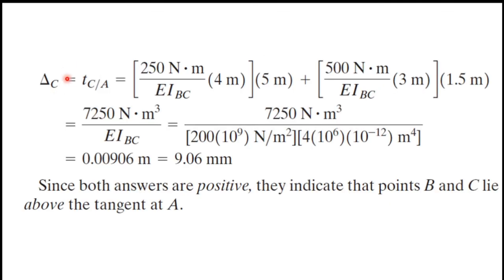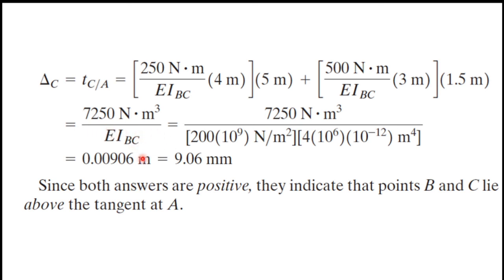You can see clearly I wrote the equation delta C equals TC with respect to A equals 250 over EI BC times 4 times 5 plus 500 over EI BC times 3 times 1.5 meters. If you simplify this, you get 7250 over EI BC.